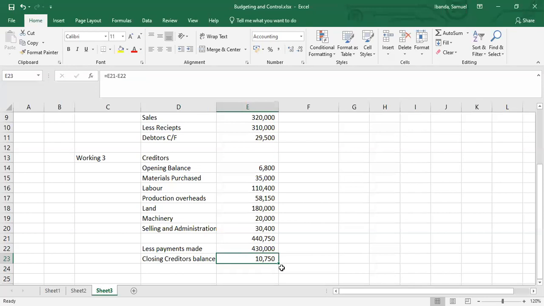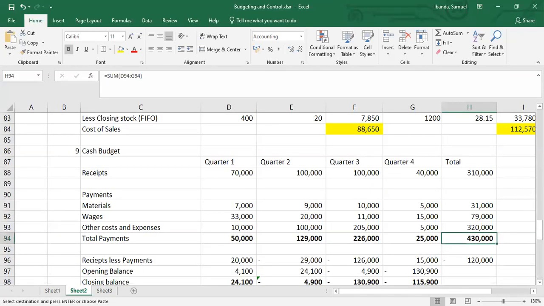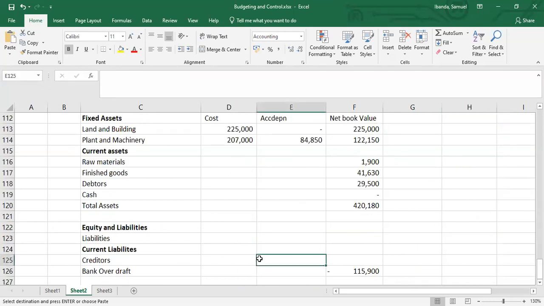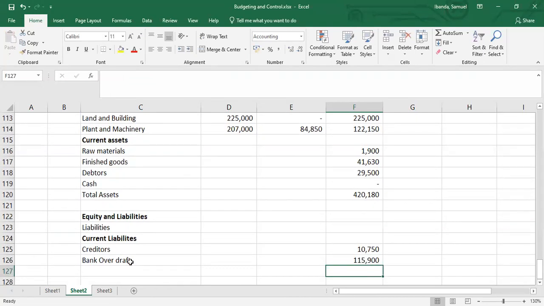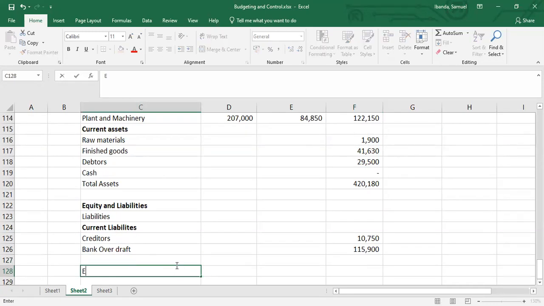So this is what I'll include as my creditors balance under my balance sheet. Just remove a negative on this one, okay? Like that. Remember, we didn't have any long-term liability. So I'll just move now to equity.